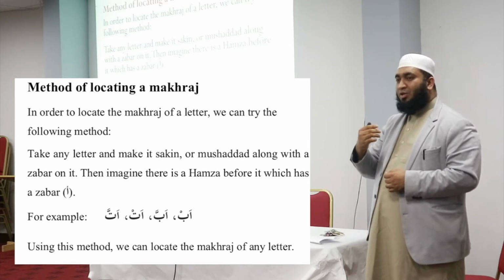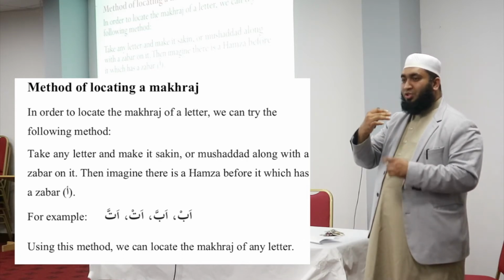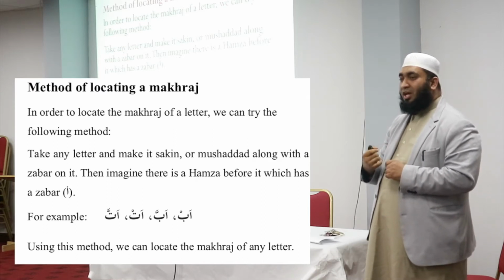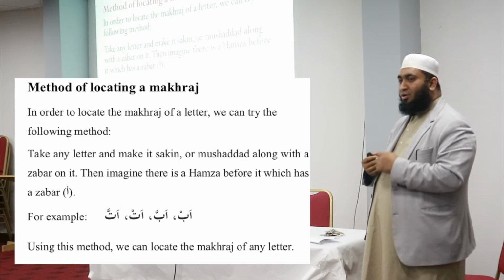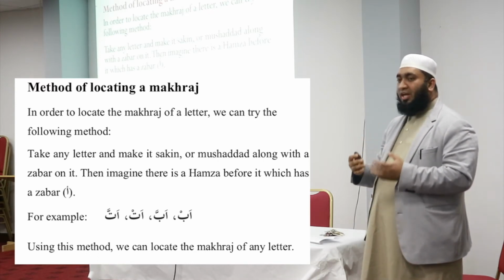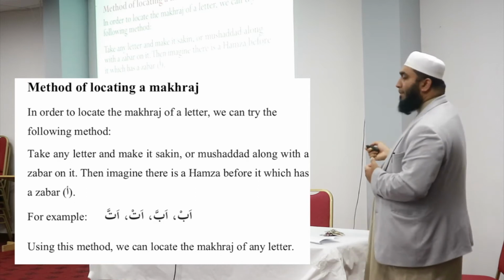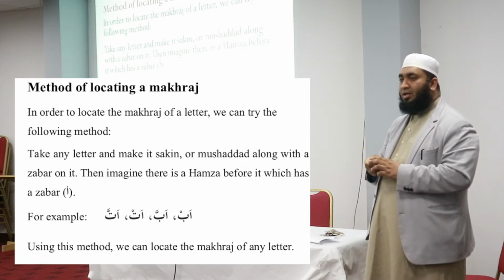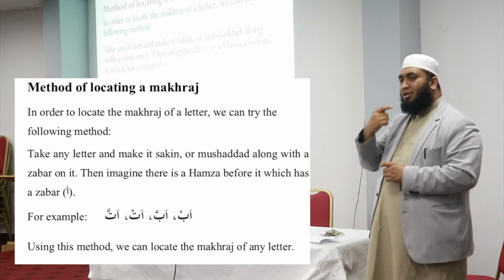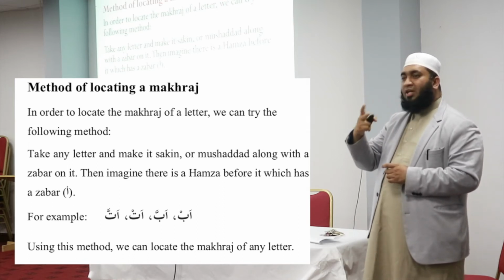At. So how many organs are you using? Your teeth and your tongue pronounce the ta. So at, your gum. These are the things we need when we pronounce these letters. For example, ab, ba. What do we pronounce ba from? We pronounce the ba from our 2 lips.